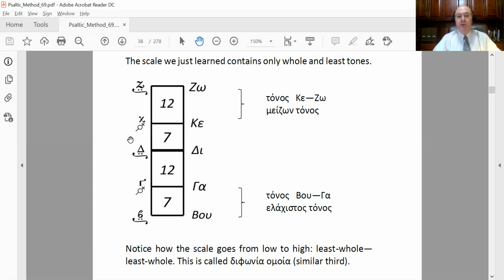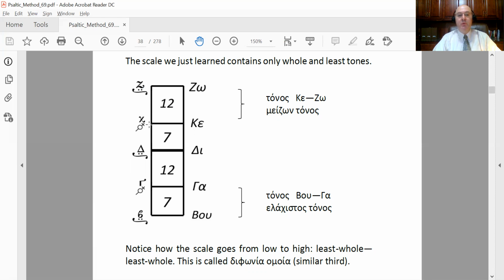For example, the martyria of Vu that we've been using so far, and you are going to see a lot of that martyria in this book and in many other music scores for Byzantine music, tells you that you are on note Vu, and this bottom part tells you that if you want to go one tone up, you're going to be using a 7.